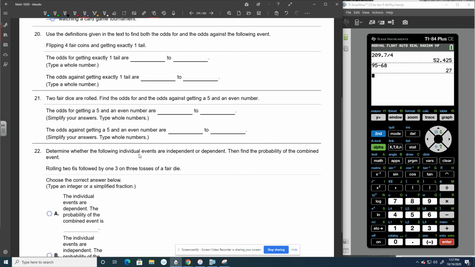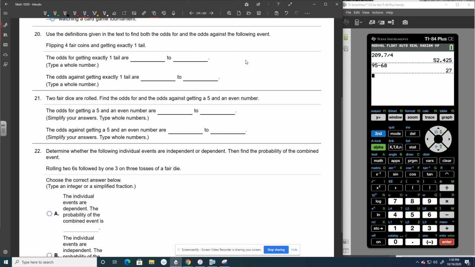Okay, so number 20. Use the definitions given in the text to find both the odds for and the odds against the following event. So what are the odds of flipping 4 fair coins and getting exactly 1 tails? So here's where we have to do a little bit of counting and probability.